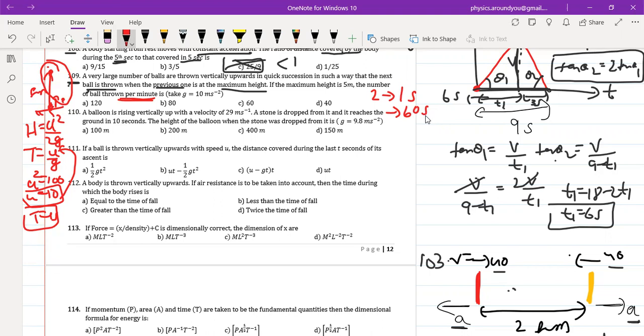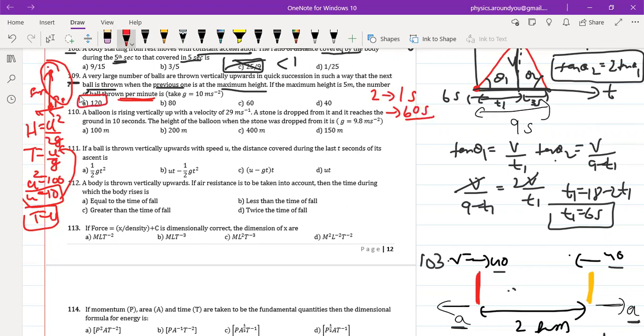But you should interpret the question carefully. Have they asked the number of balls in air or the number of balls thrown? You see, at the end of 1 second, how many balls have been thrown? Two balls. So at the end of 60 seconds, 2 into 60, it should be 120.